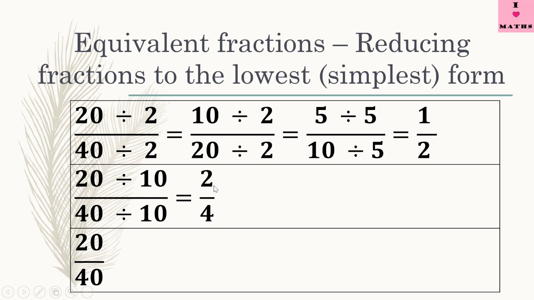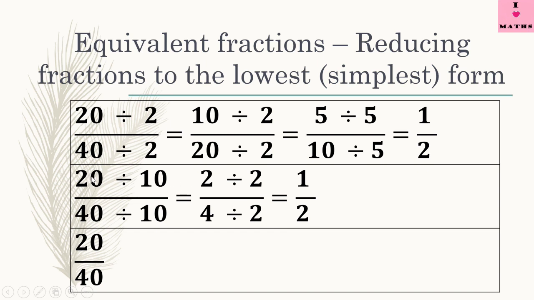Yes, they come in the table of 2. Okay, let us divide both the numerator and the denominator by 2. 2 divided by 2 is equal to 1 and 4 divided by 2 is equal to 2. So half is the answer, 1 upon 2 is the answer.